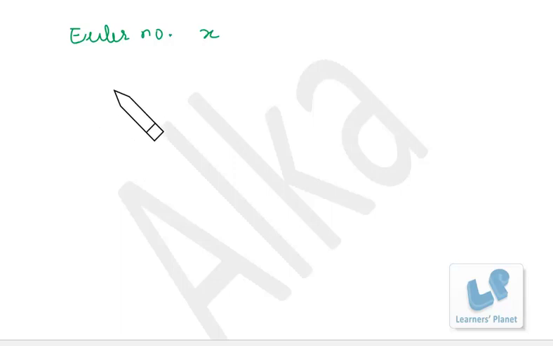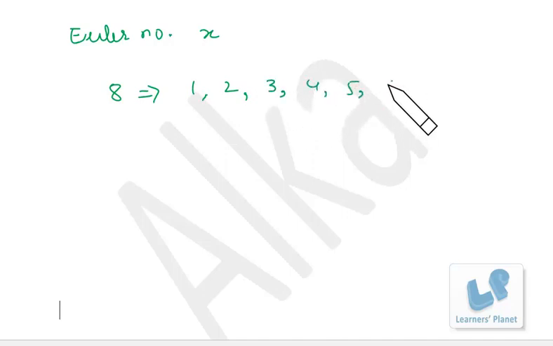Suppose we talk about 8. So 1, 2, 3, 4, 5, 6, 7. All these numbers are less than 8, but they will not all be counted for the Euler number because the number should be co-prime to 8.